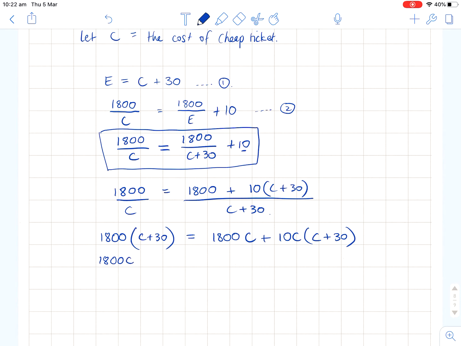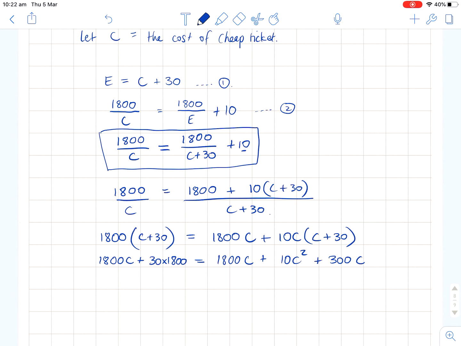So I've got 1,800C plus 30 times 1,800. I can't be bothered working that out yet, and I'm thinking that it's going to cancel out. Trying to talk and write at the same time is not working for me. Plus 10C squared plus 300C.